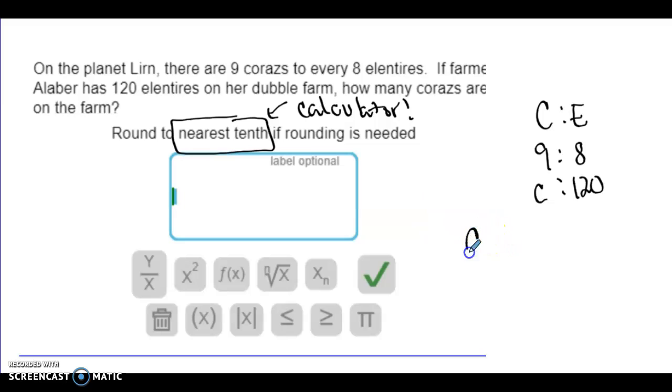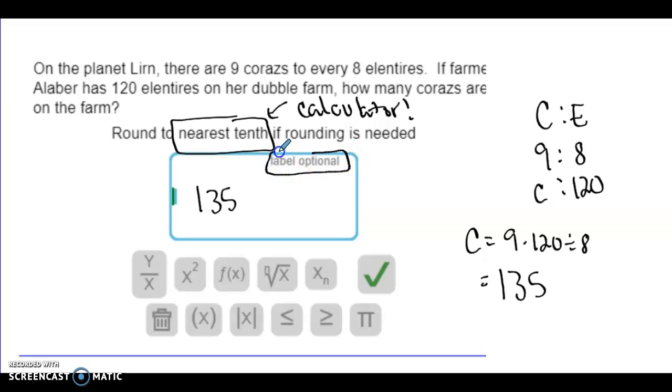What I'm going to enter to find this value is 9 times 120 divided by 8. And I get, oh, of course, now this one gives me a whole number. I don't think that's fair. 135, and please take note of these little gray words. I can label it if I want to, but they're not going to make me.